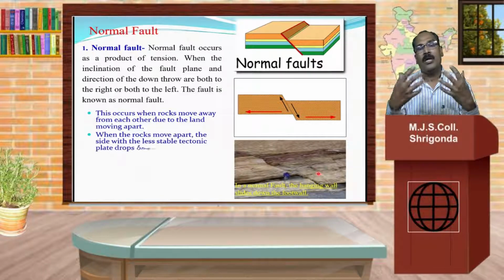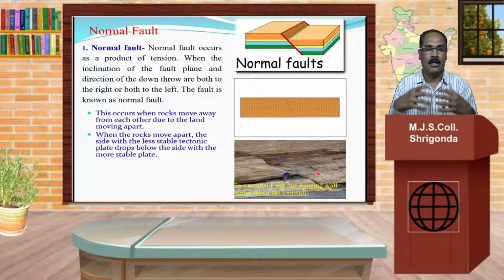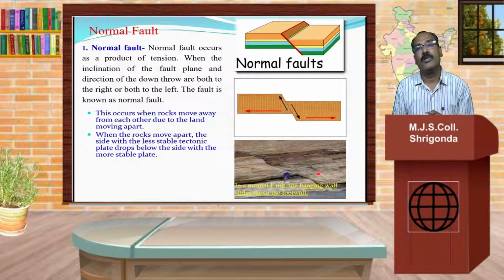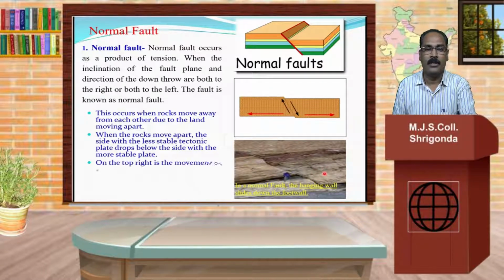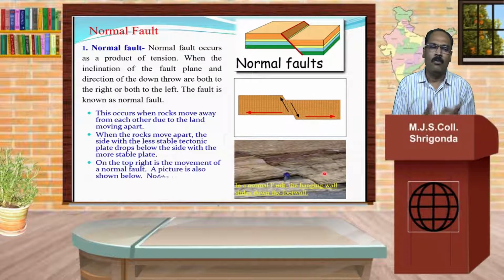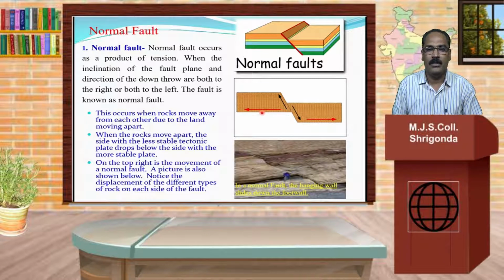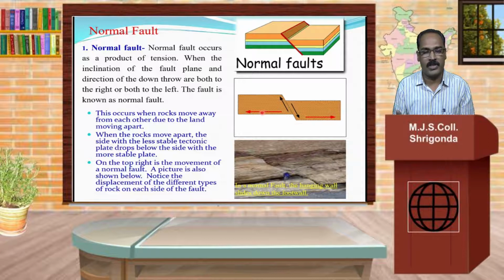Then, when rocks move apart, the side with the hanging wall drops below the side with the more stable plate. On the top right here is the movement of normal faults.